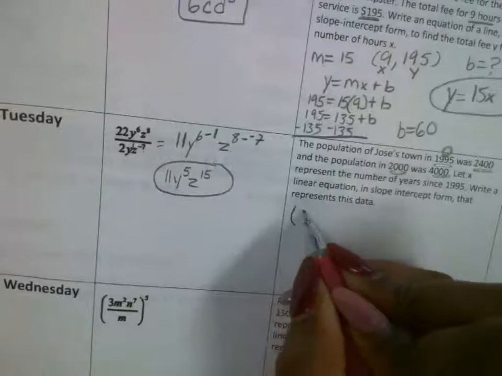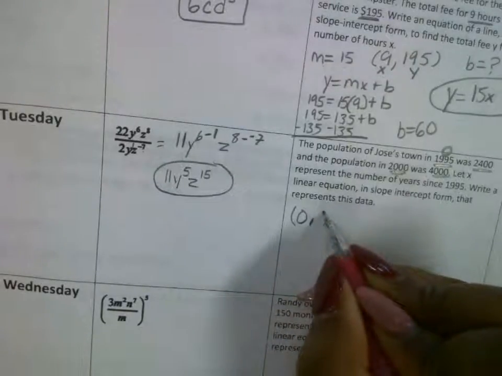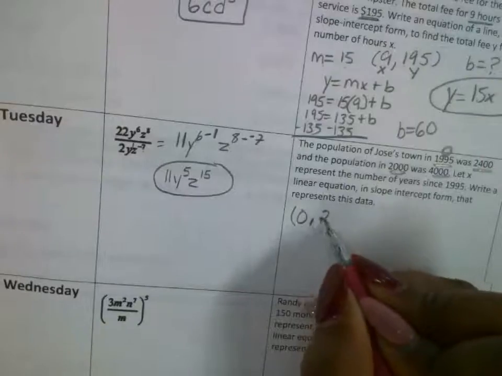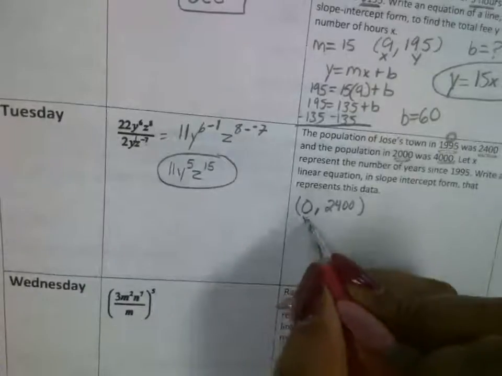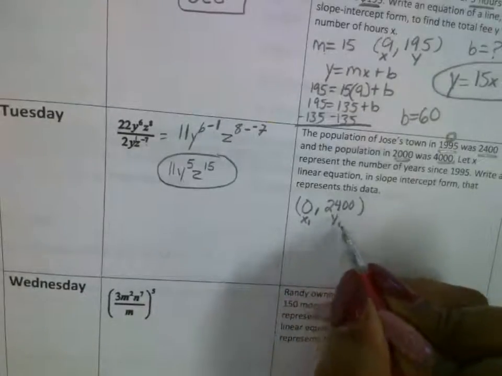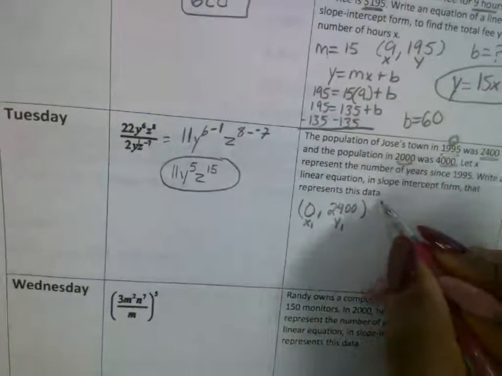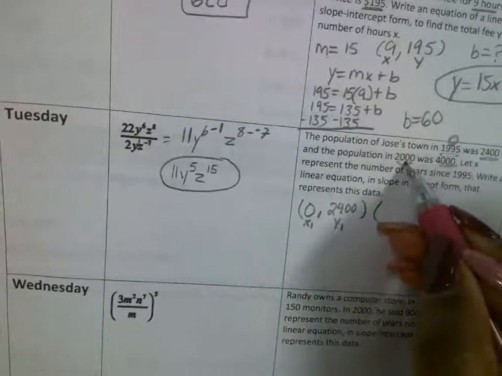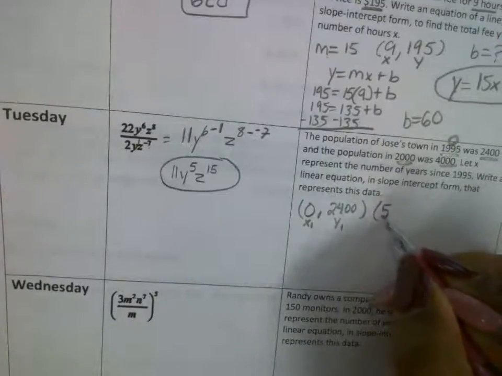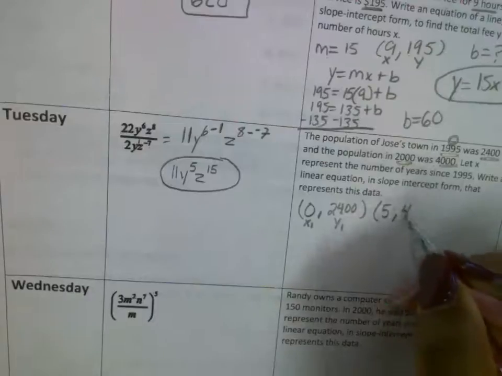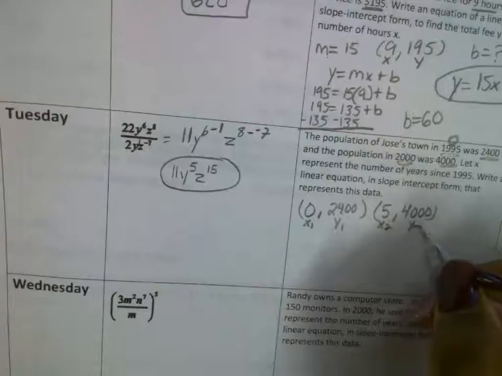The first ordered pair is the 0 year, and the population for that year, 1995, is 2,400. So this is x1, y1. This is the first point. For the second ordered pair, how many years after 1995 is 2000? So in the 5th year, the population is 4,000. So this is x2, y2.